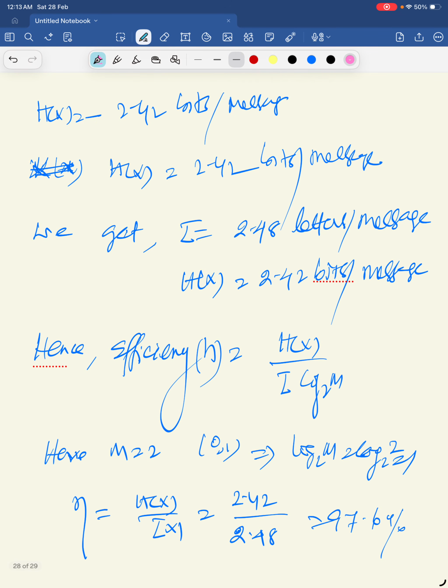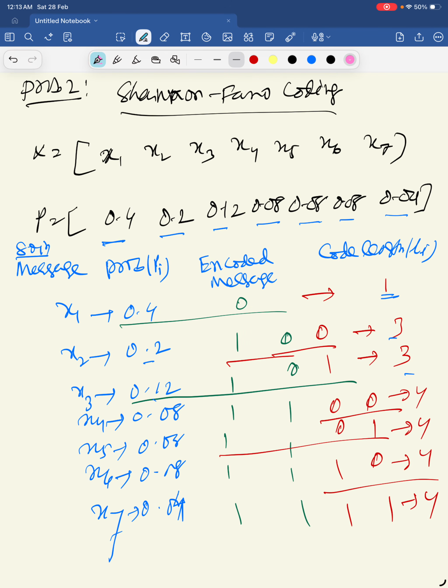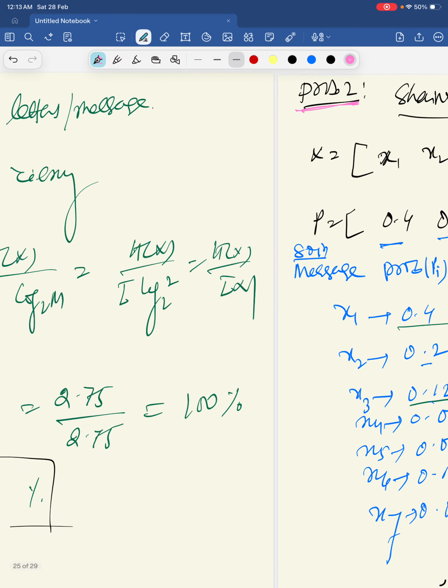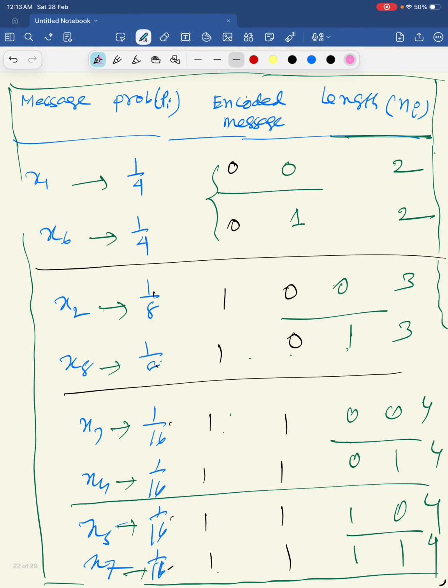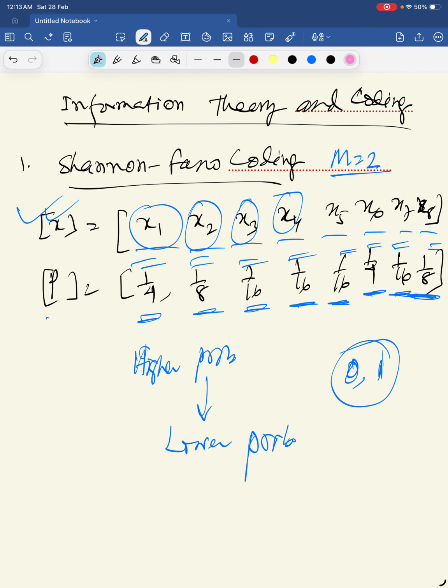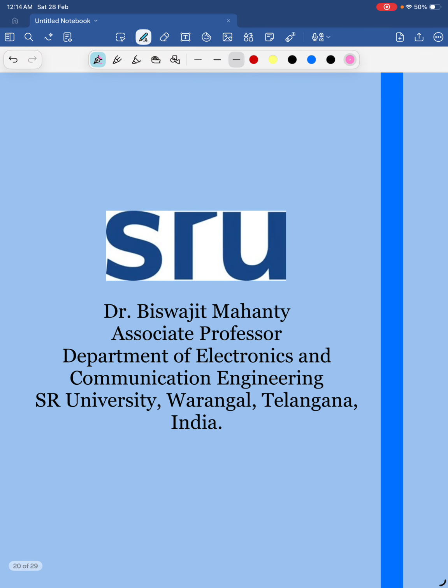These are two important problems: this is problem 1 and problem 2 for Shannon Fano coding. So these are very much important.